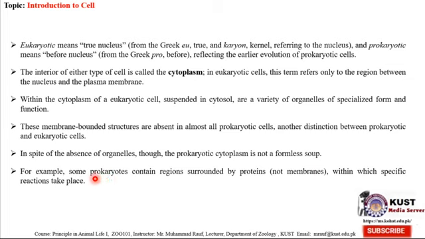For example, some prokaryotes contain regions surrounded by proteins, not membranes, within which specific reactions take place. So although the structures the prokaryotes possess are not surrounded by membranes, they are surrounded by proteins, and the vital functions of the cells take place there.